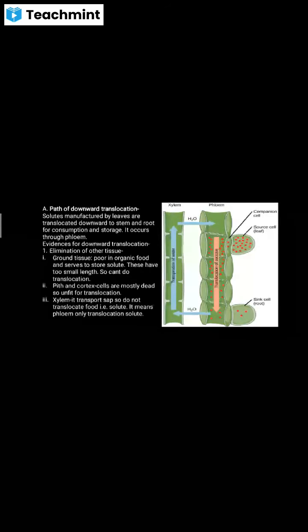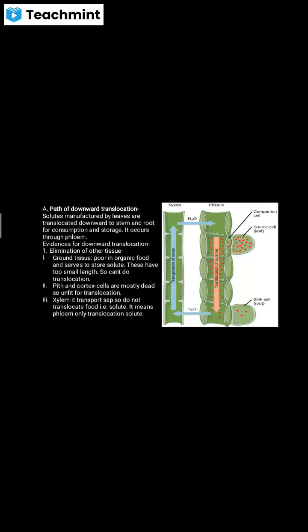As you know, photosynthesis takes place in the leaves. They prepare the energy and the food material, and that will be translocated towards the other parts, that means the stem and the roots of the plant.